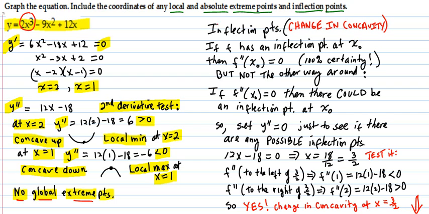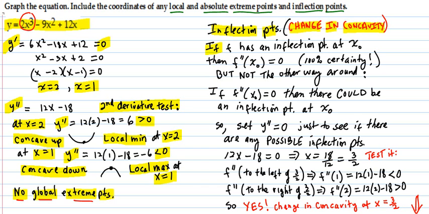An inflection point is a change in concavity, going from concave down to concave up across the point, or vice versa. So since it goes from concave up to down or down to up, it has to go through 0.